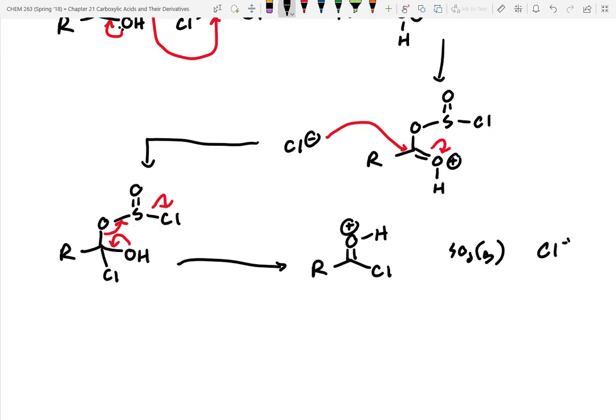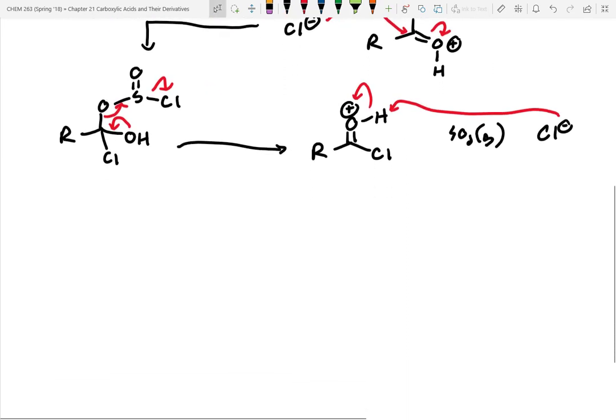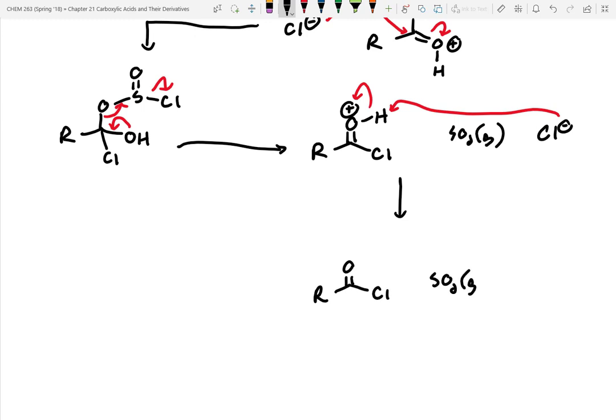We formed chloride in the process. And then last but not least, this chloride can steal a proton back. You end up with your acid halide, your sulfur dioxide gas, and HCl byproduct. Does that make sense?